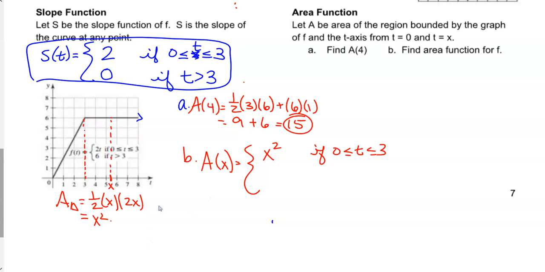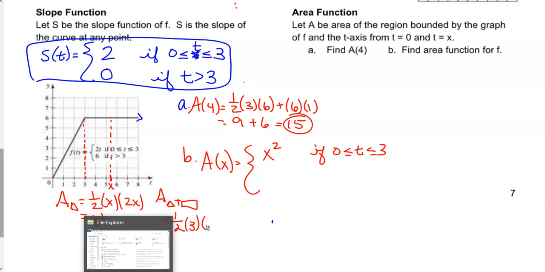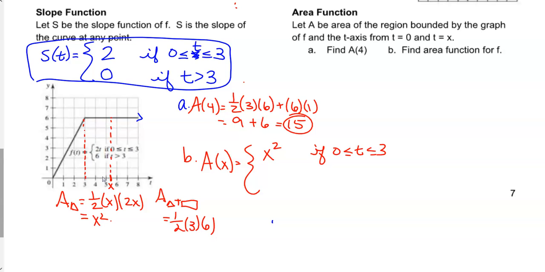So I'm going to have, let's do area of the triangle plus the rectangle. That is going to be 1/2 of 3 times 6. But the area of my rectangle differs than if I'm over here in this area. So if x is here, it's going to be different than if x is here. If x is over here, it would be different.